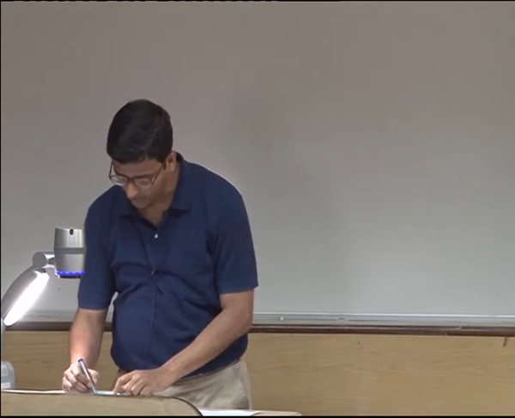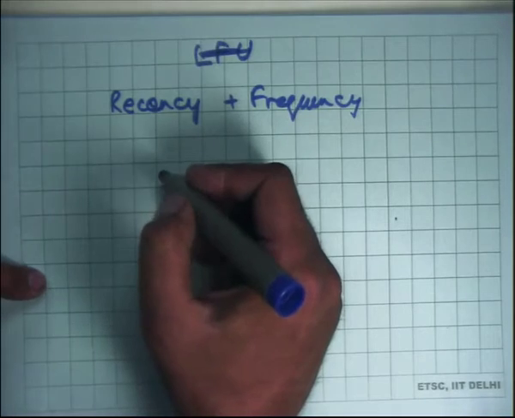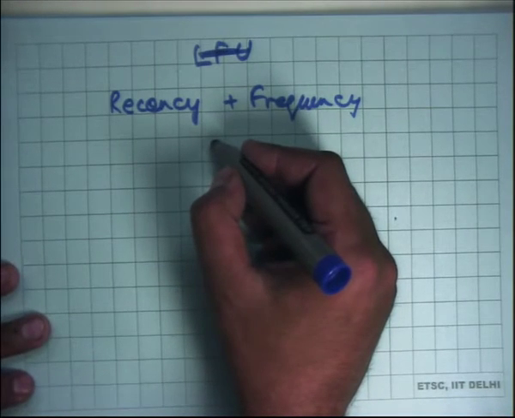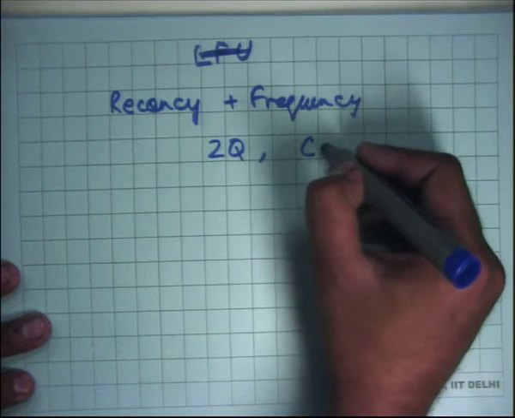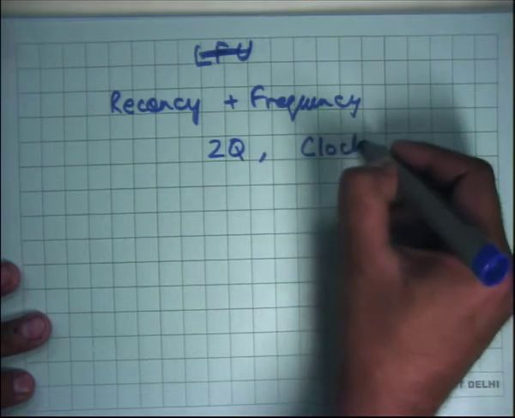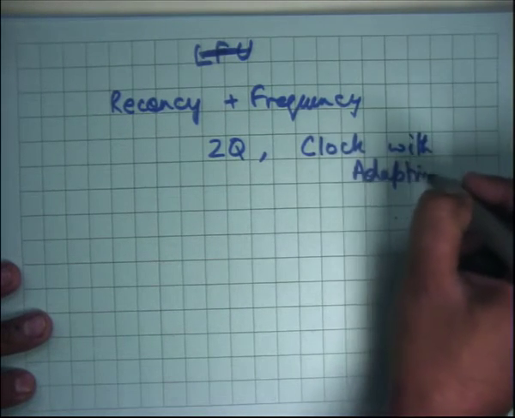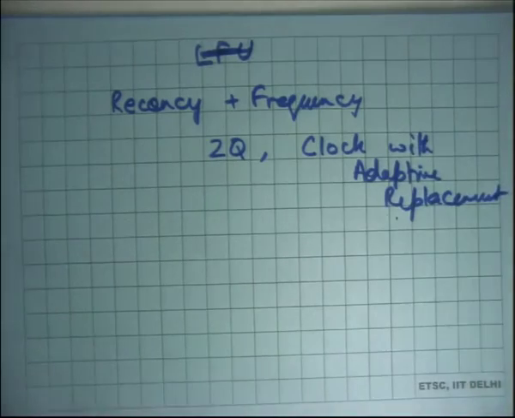So typically you combine recency and frequency in some way, and so LRU is not used in its plain form, and there are examples of algorithms which extend LRU. So there's an algorithm called 2Q, there's an algorithm called clock with adaptive replacement, and so on, and there are many others.